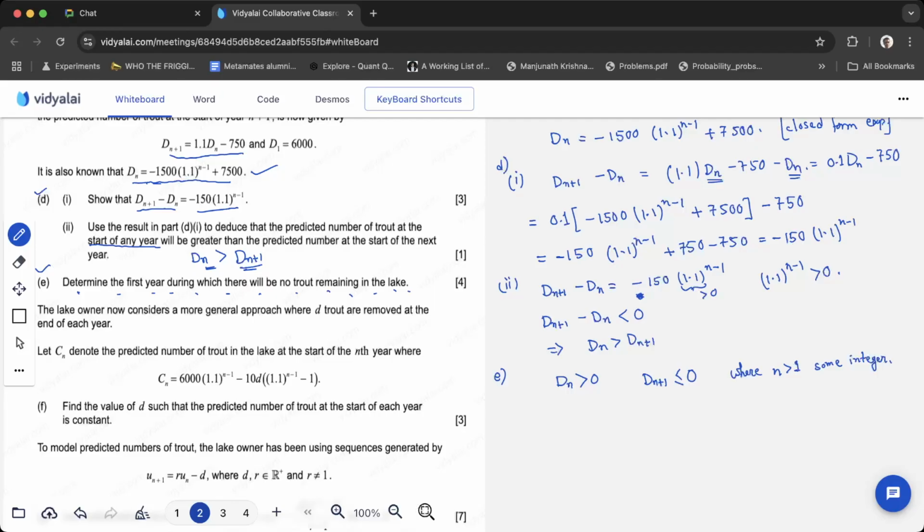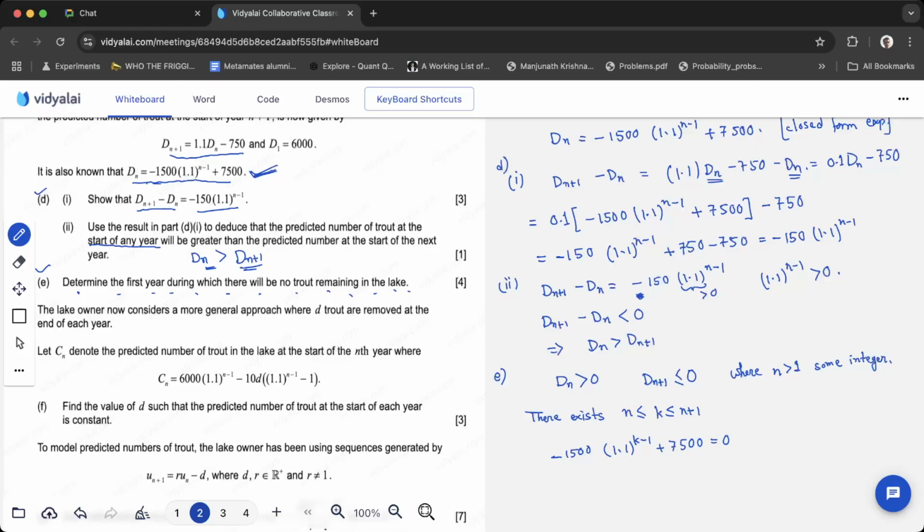So in this case, there exists a number k which lies between n and n plus 1, such that the closed form expression of dn, if we replace n by k, that is 1500 times 1.1 to the power k minus 1 plus 7500, this will be 0.